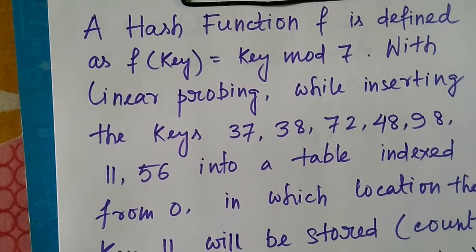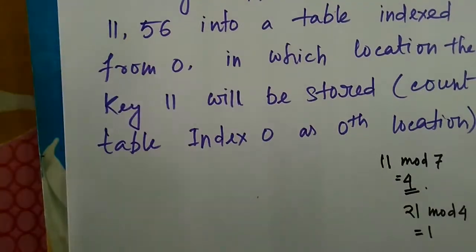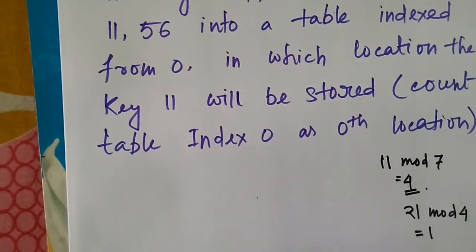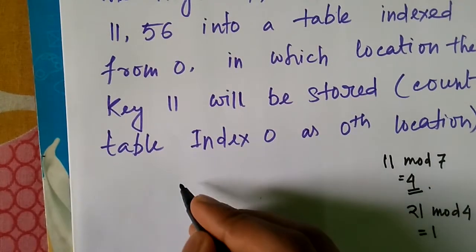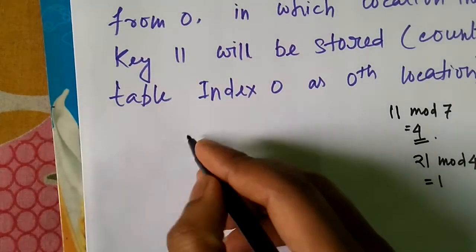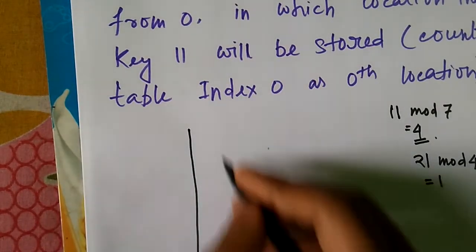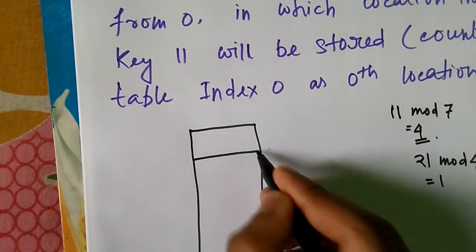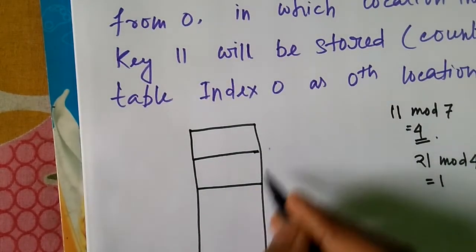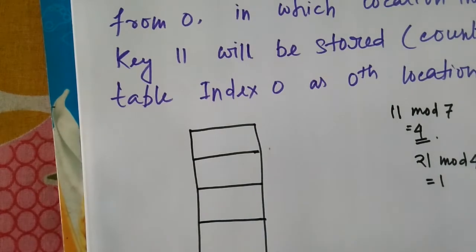So let's begin. Here there is no mention of the size of the hash table, which is not needed as well. So I am taking a hash table and dividing it into boxes where the values will be stored.